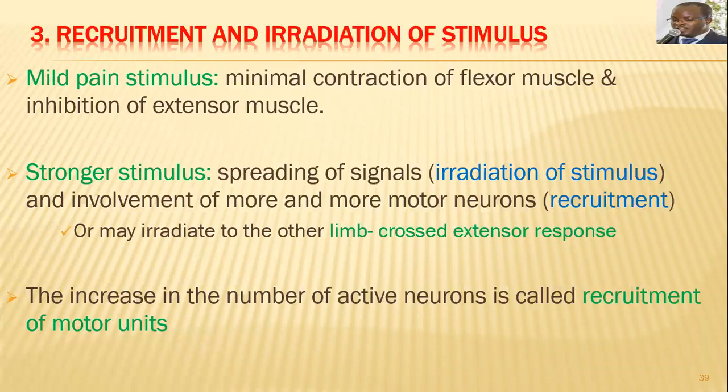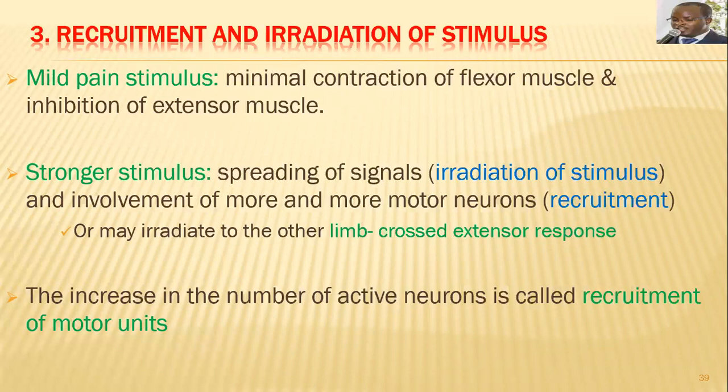So spreading of signals, radiating of the stimulus, and involvement of more and more motor neurons. This is called recruitment. If you are recruiting more motor neurons, even the force of contraction is going to increase. Or it may irradiate to the other limb in case of crossed extensor response. An example is when you're stepping on a nail and it is very sharp.